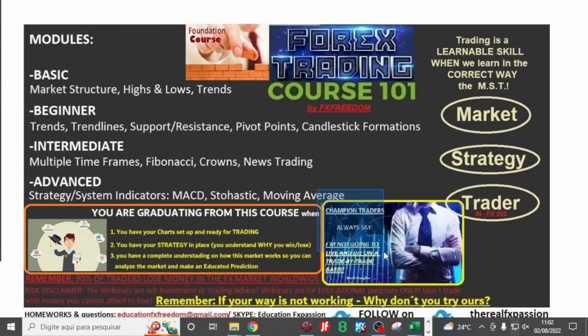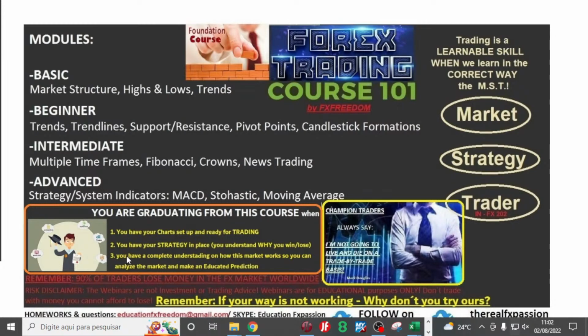Moving forward, what do champion traders always say? Champion traders always say that I'm not going to live and die on a trade by trade basis. And of course, this is a quote from Mark Douglas. And remember, 90% of traders lose money in the forex market worldwide. Yes, still today. Risk disclaimer, the streams are not investment or trading advice.